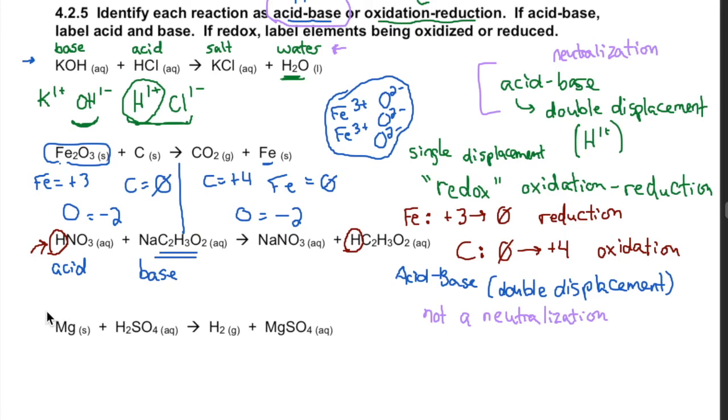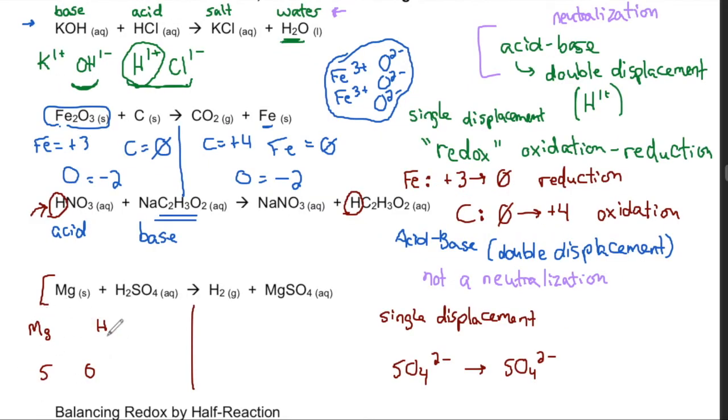Okay, this last chemical reaction is an element and a compound going to an element and a compound. So this is a single displacement, which likely means that there is some oxidation and reduction going on. Let's make a list of all these oxidation numbers.